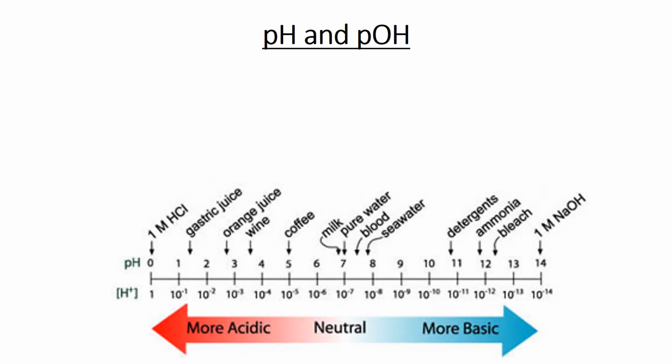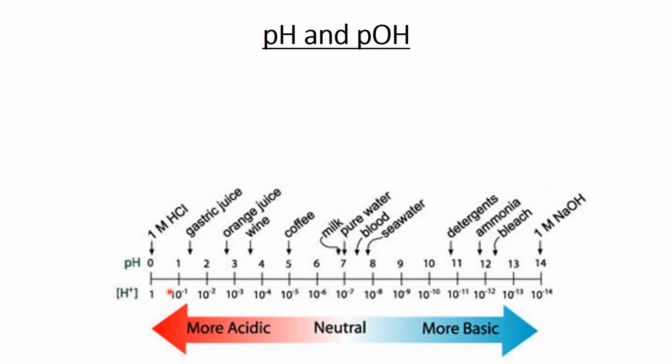So, if you have equal amounts of H plus and OH minus, which you have in pure water, then your concentration of H plus is equal to 10 to the negative 7 molar. You increase your H plus concentration and you get more acidic. As you see here, as we go from 10 to the negative 5 molar to 10 to the negative 4 molar to 10 to the negative 3 molar to 10 to the negative 2 molar to 10 to the negative 1 molar, all the way up to 1 molar, we're increasing our H plus concentration.